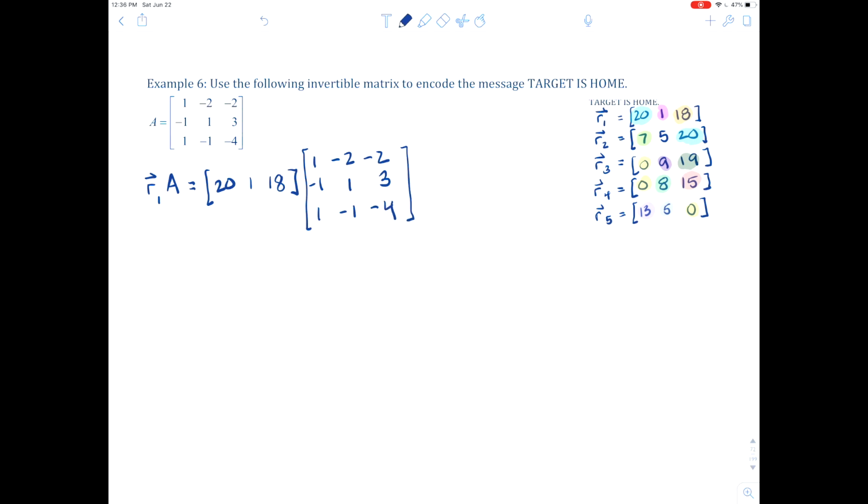That's going to result in what? We have a 1 by 3 and a 3 by 3, so we're going to end up with a beautiful 1 by 3. I'll let you do the computations of each of these, and you just let me know how you did. Okay?